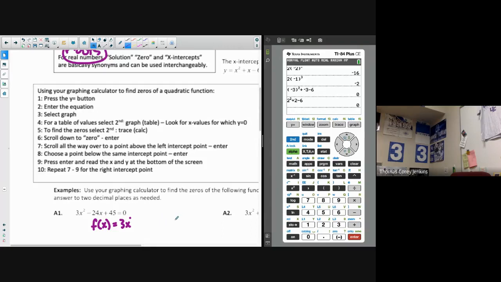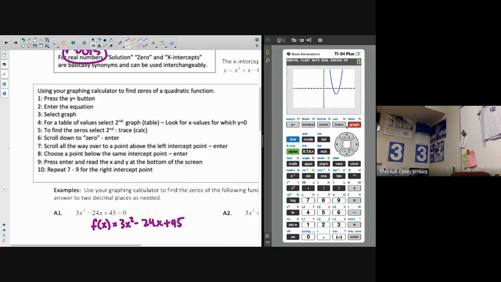This is where I start to use my graphing calculator. There's a nice step-by-step here of what to do, and I'll talk you through it. I went to y equals and I'm going to clear that out because we want that to be blank. So we'll enter 3x squared minus 24x plus 45. Now I'm going to look at my graph and see whatever I see.